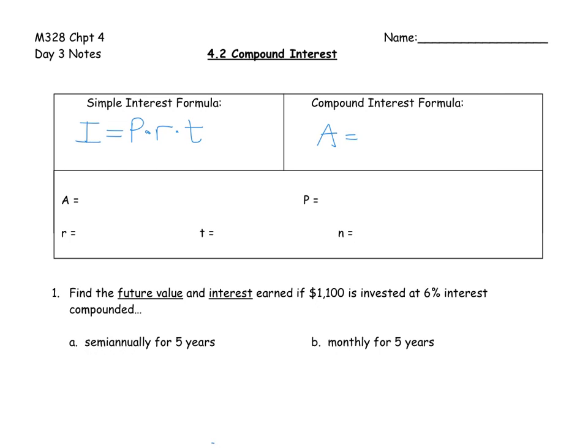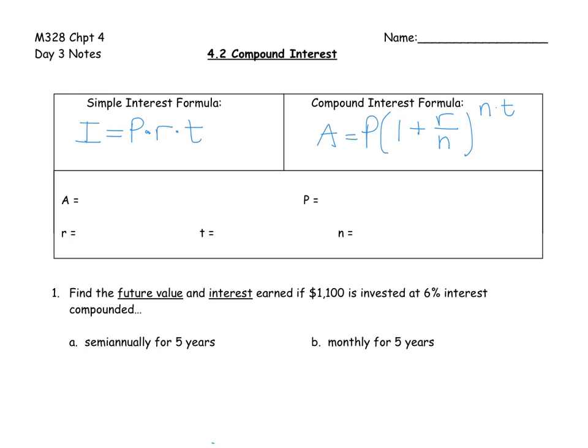A equals P times the quantity of 1 plus R over N, all raised to the N times T. This is a formula that you need to have memorized, so keep that in mind. You're going to be working with it a lot this chapter, but you do need to have that down. It will not be provided for you.